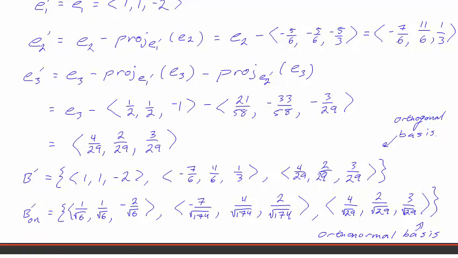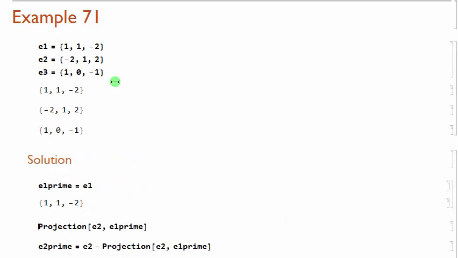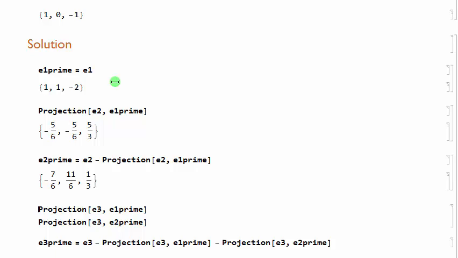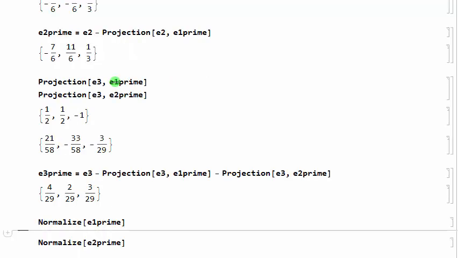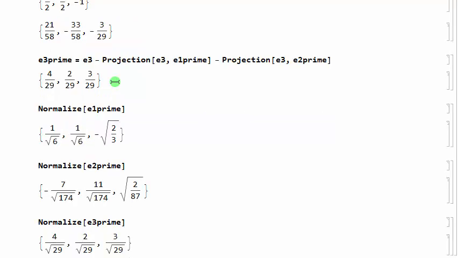And implementing that in Mathematica, we can define all of our vectors, set E1 prime equal to E1, compute the projection of E2 onto E1 prime, and then do the subtraction, get our first vector there, compute the other two projections, and then to create E3 prime, take E3 minus the projections of E3 onto E1 prime and E2 prime. And if we want to create an orthonormal basis, then we can use the normalize command in Mathematica on each of those.